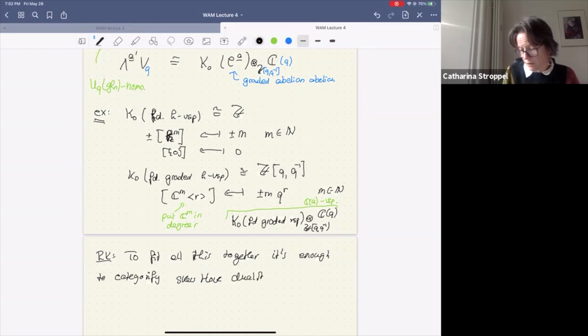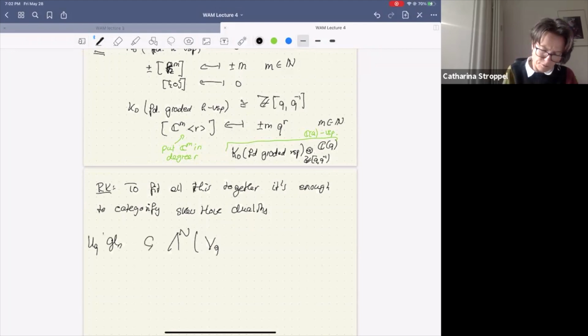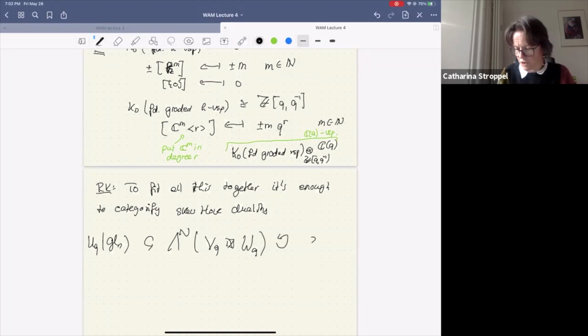So what was this skew-Howe duality? Remember, I had this n-fold wedge product of the natural representation for GL_N, or the quantum group if you prefer, outer tensor product with the natural representation for GL_D, and maybe quantized.